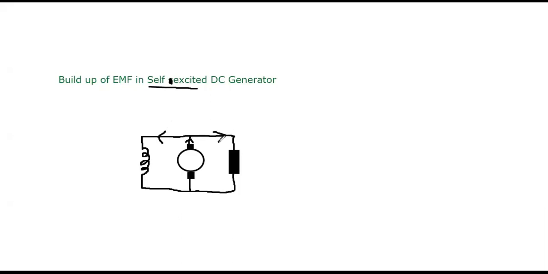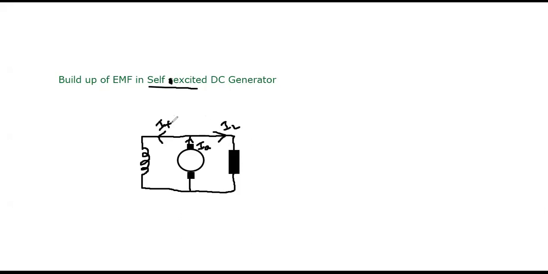The total armature current is said to be IA, the current which is given to the load is said to be IL, and the current which is given to the field winding is said to be IF, right?